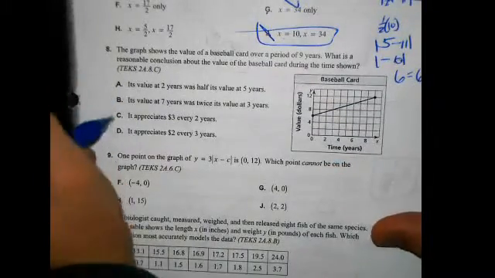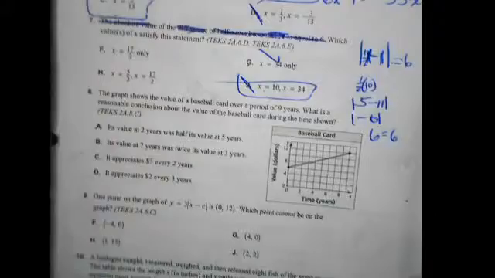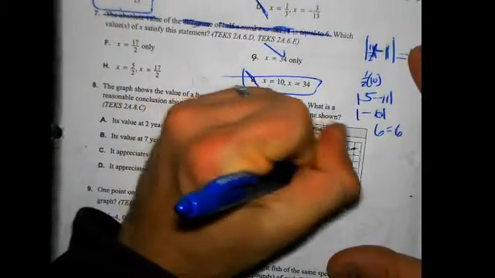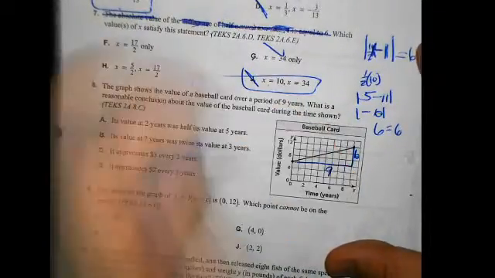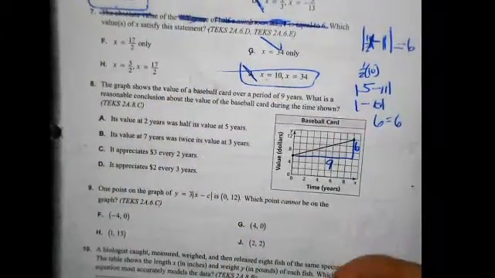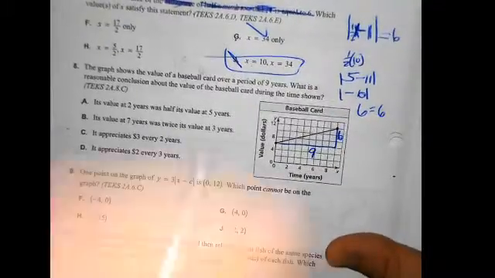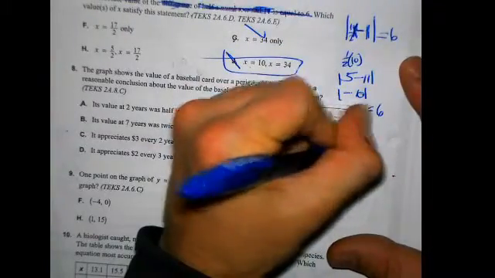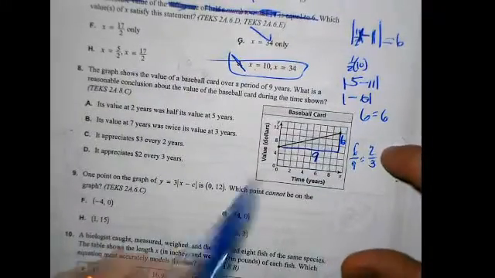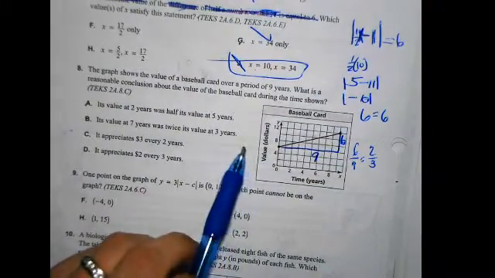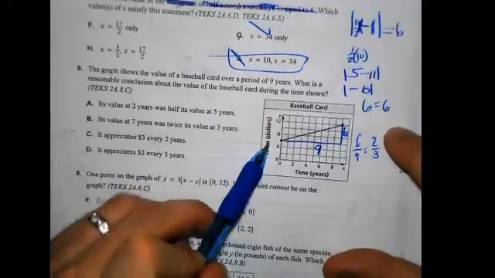So it appreciates, let's see here, if I made $6 and it took me 9 years to make those $6, that means rise over run, I've got 6 over 9, which is 2 over 3. And I think the way that David explained it was exactly right, because it's rise over run.